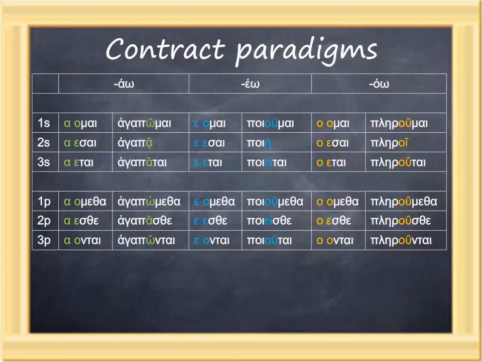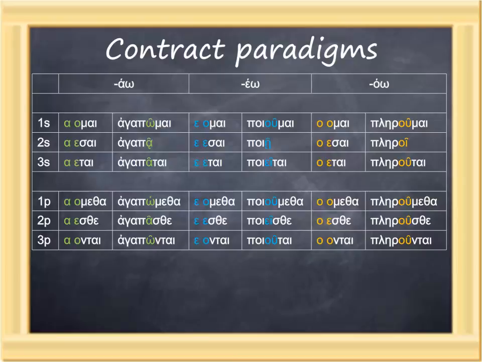For example, let's take the first person singular. Alpha plus omicron contracts to omega according to Rule 3. So the form is agapomai. I am being loved.